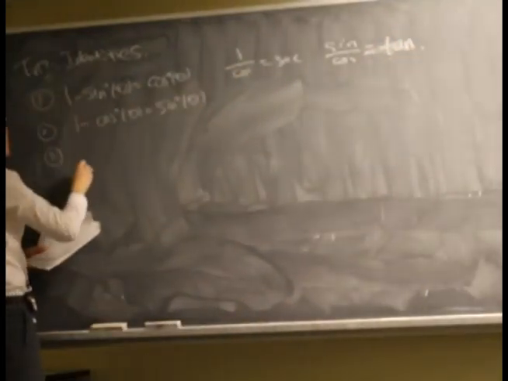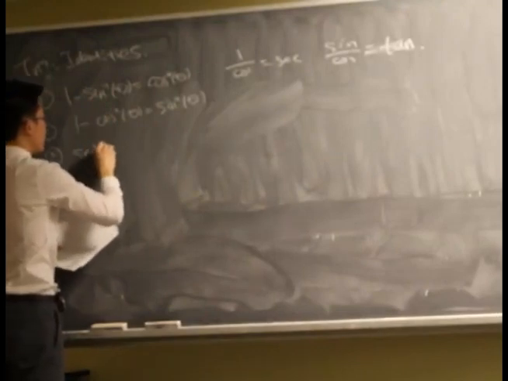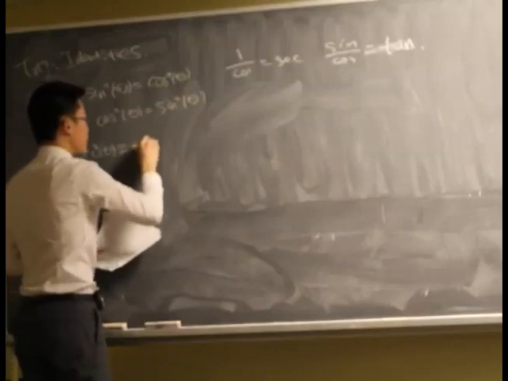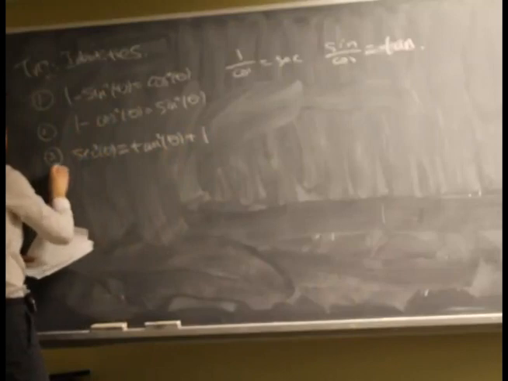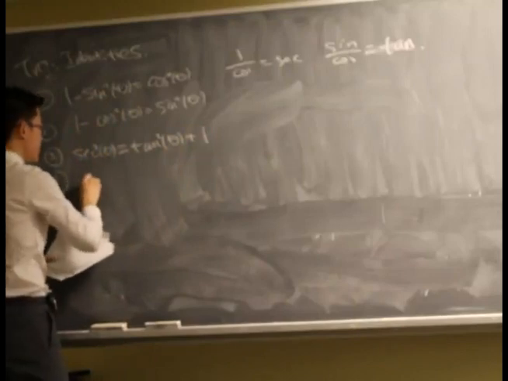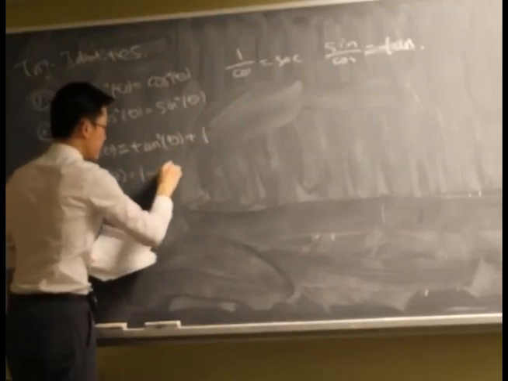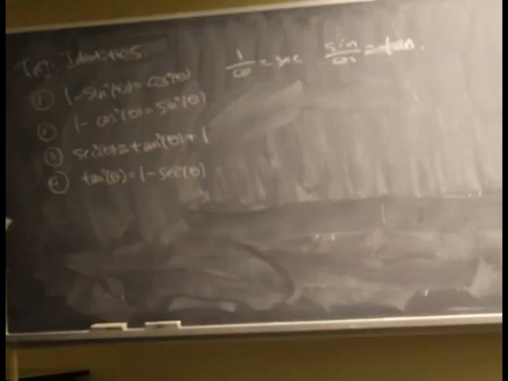Dividing both sides by cos squared, you will get secant squared theta equals tangent squared theta plus 1. And obviously that tangent squared theta equals secant squared theta minus 1. Okay. And these will be used very extensively in your trigonometric substitution.